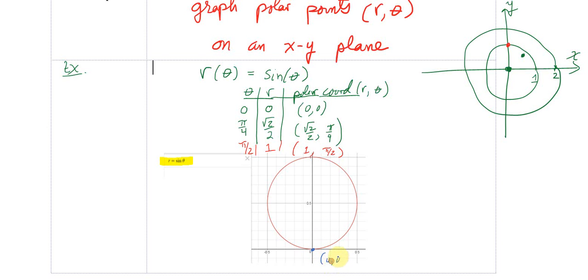So when r is 0, theta is 0. If we go all the way out to here, this would be 0.7, pi over 4. That would be this point. And up here you can see that this is 1, pi over 2.